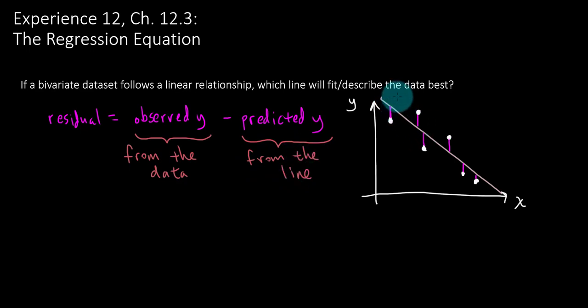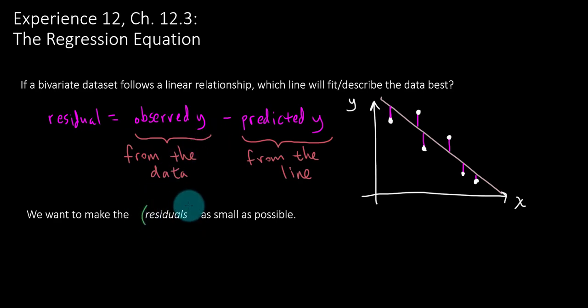So the best fit line is the one in which all of these little pink residuals are as small as possible. Actually, I've fibbed a little bit there. The best fit line is actually the one in which the squared residuals, when you add them all up, are as small as possible.